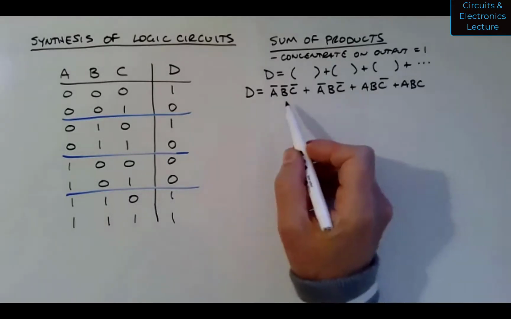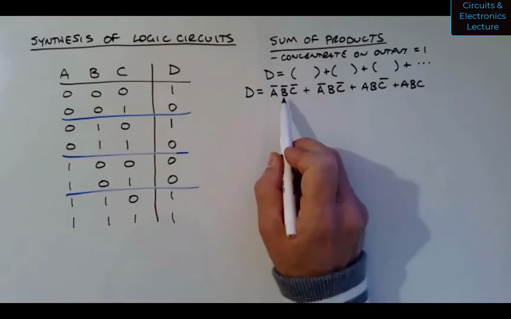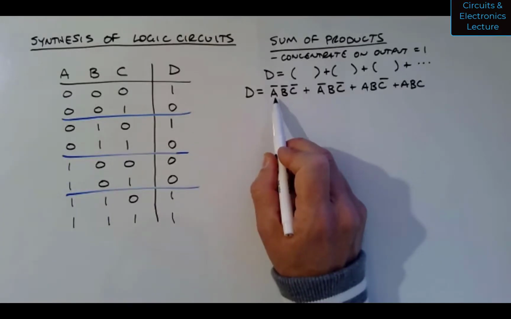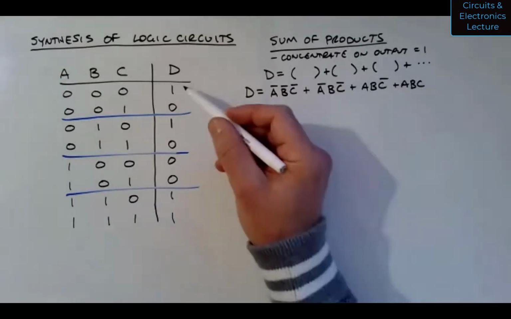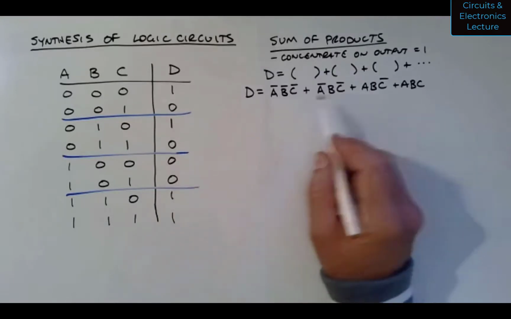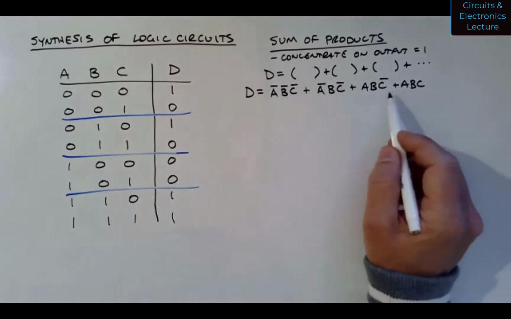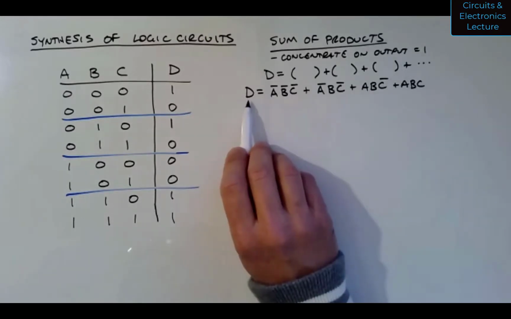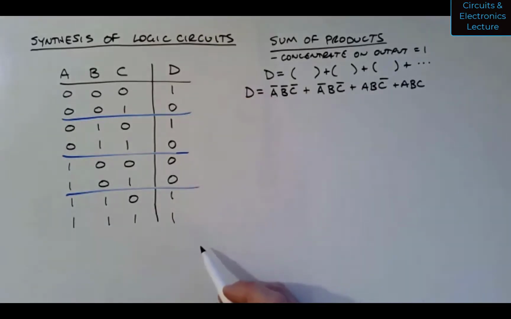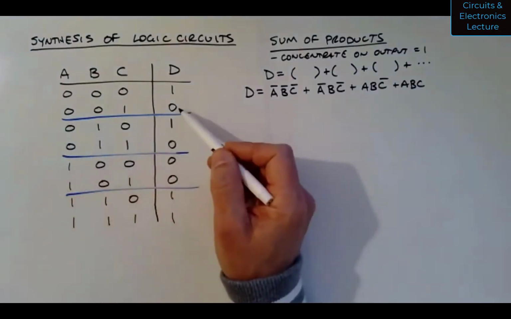So you can see that for every row for which the output is 1, I'm going to have a 1 occur in one of these terms. It's going to happen. And then D will evaluate to be a 1. So I've made that part of the truth table happen. Well, how about the rows for which the output is 0?